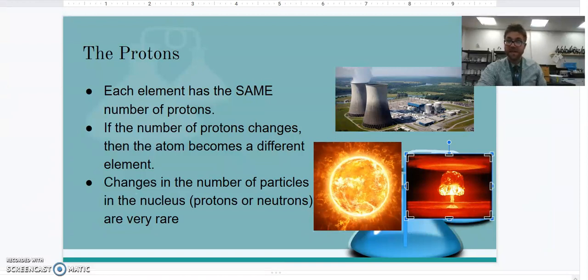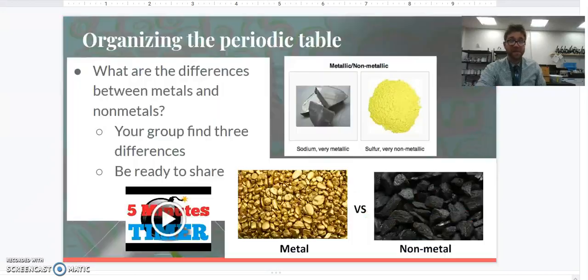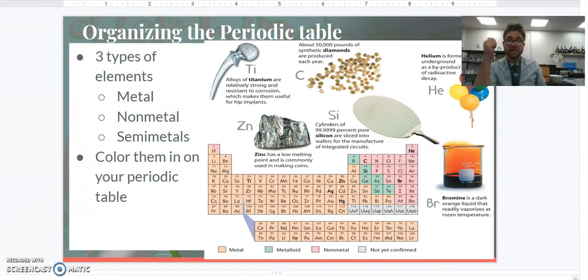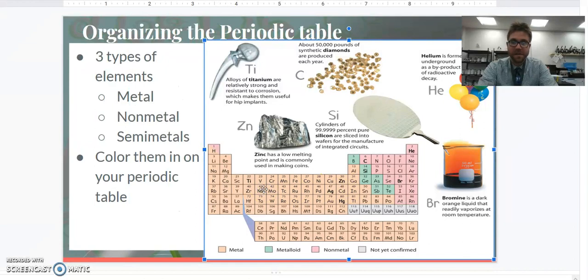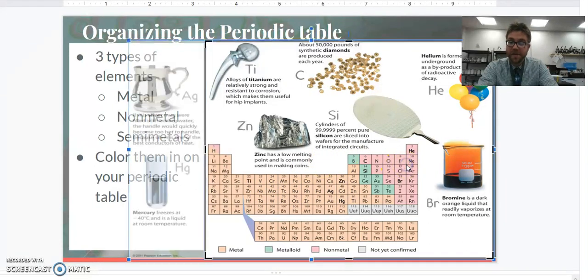Let's go over the last thing we need to know about the periodic table. The periodic table is made up of metals, nonmetals, and semi-metals. Our metals are here on the left side. This orange here, these are metals. Our nonmetals are here on the right side, in red.